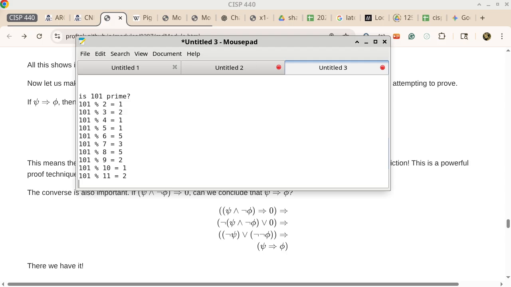Now that's huge, okay? Because if you think about 1001, I only have to prove up to the square root of 1001, which is not too big of a deal. Or 10,001, I only have to go up to 101 and I'm all done.